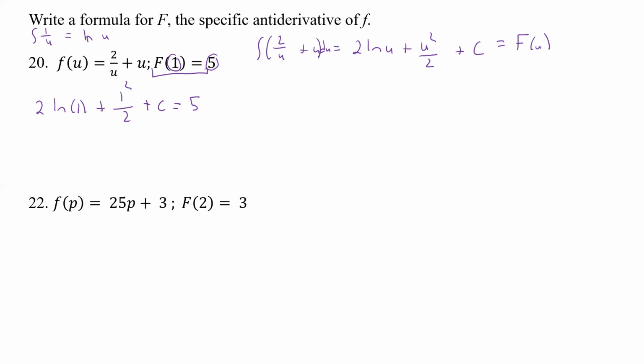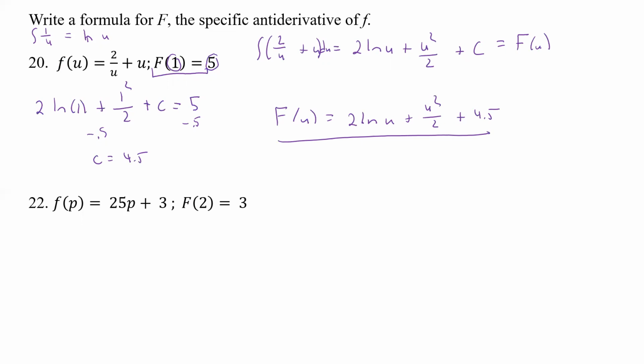So 2 times ln of 1 plus 1 divided by 2 is 0.5. So if we subtract off 0.5 here, we get C is equal to 4.5. So our F of U is 2 ln U plus U squared over 2 plus 4.5. And that then would be our specific antiderivative.